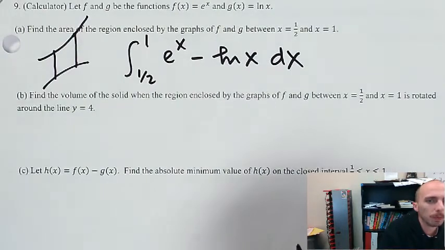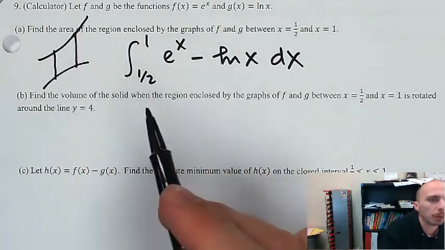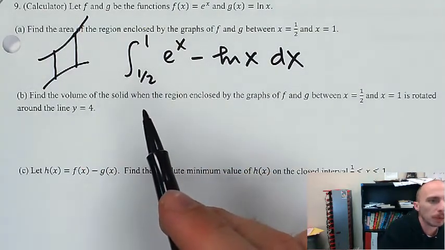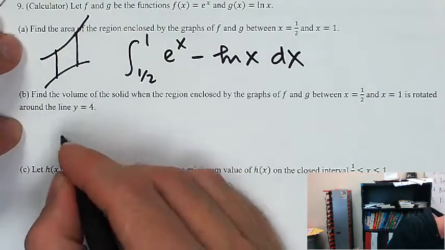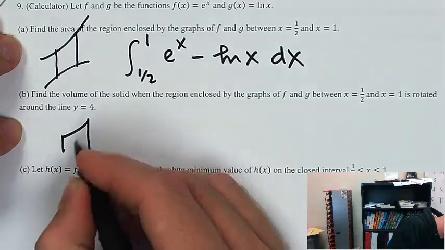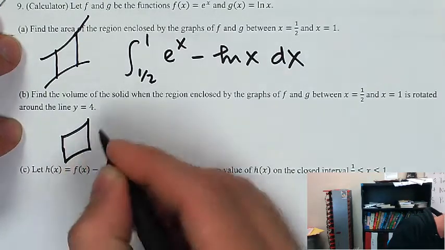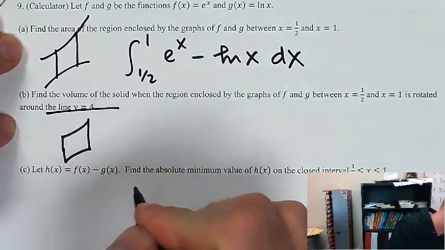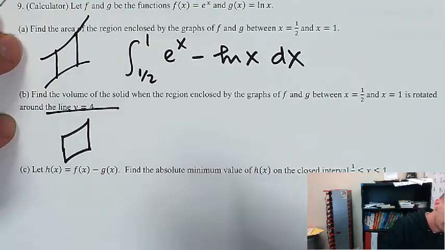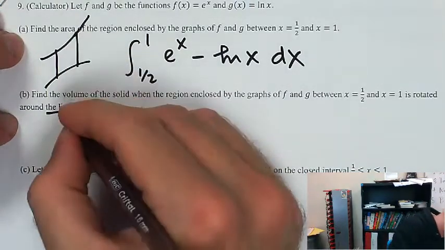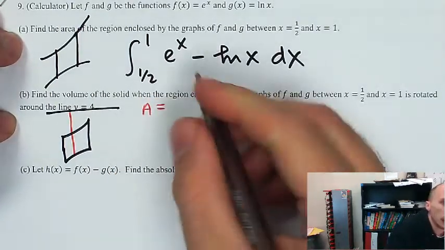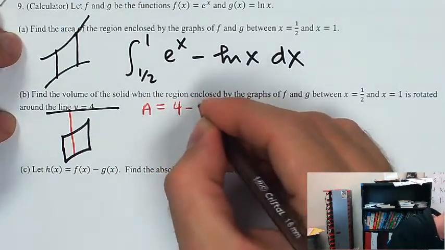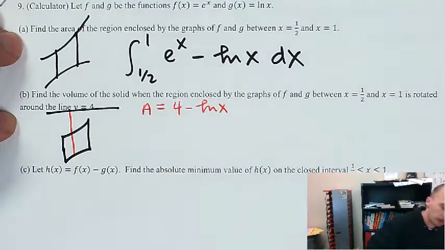Find the volume of the solid when that region is rotated around the line y equals 4. So large radius is going to be top is 4, bottom is log x.